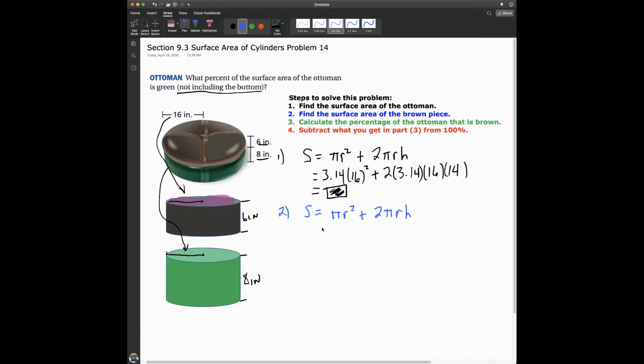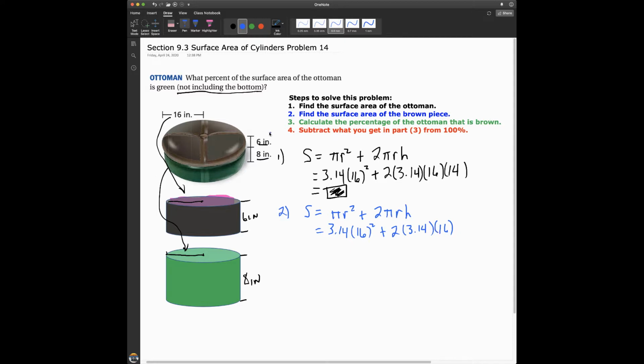So I can go ahead and again put the numbers in here, 3.14 for pi. I know the radius of the ottoman is 16 inches, and I square that, plus 2 times 3.14 times the radius of the ottoman, which is 16, times the height of the brown piece.